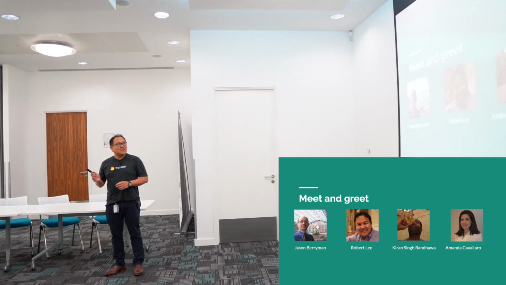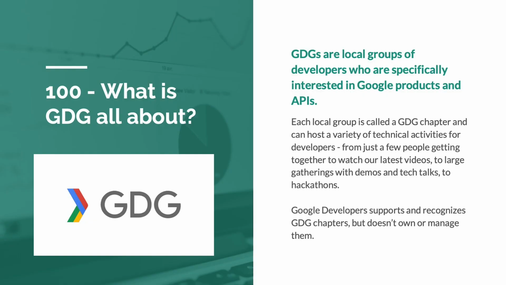Okay, all right. So let's now move into a little bit about what GDG is all about. GDGs are local groups of developers, for developers who are specifically interested in Google products and APIs.